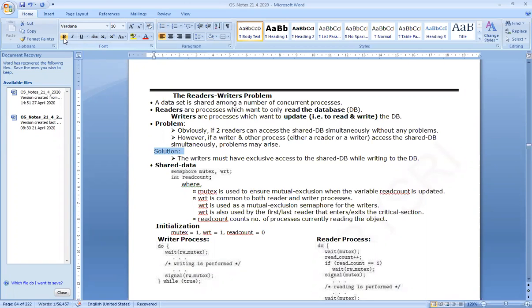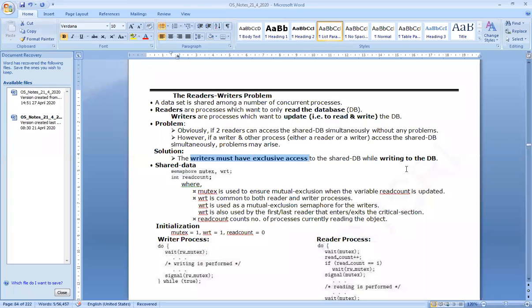The solution is that a writer must have exclusive access to the shared database while writing onto the database. It means the writer should have dedicated access to the database when it wants to write something.